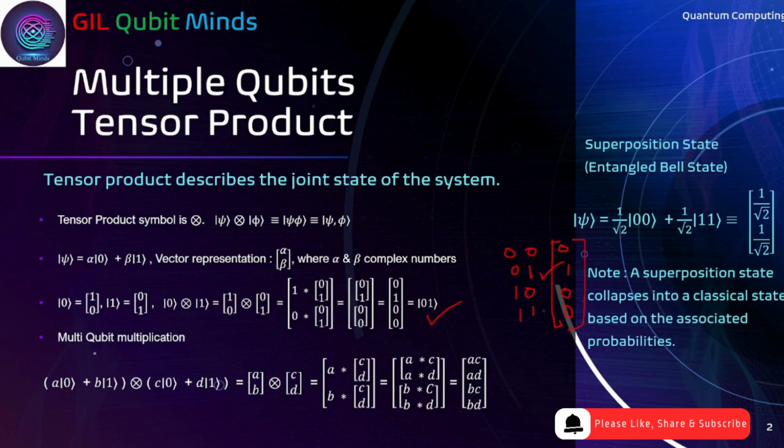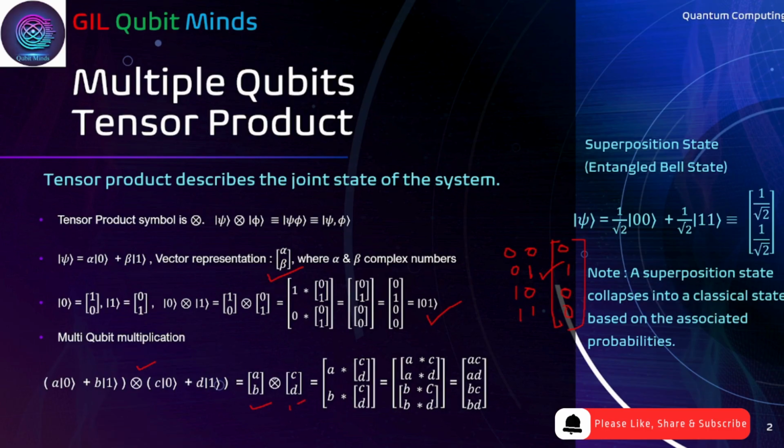Now for a multi-qubit state we can come to a generic statement. Suppose A|0> plus B|1> is multiplied by tensor multiplication with C|0> plus D|1>. We have to transform these into vectors, A and B, and C and D, and then do the tensor product.